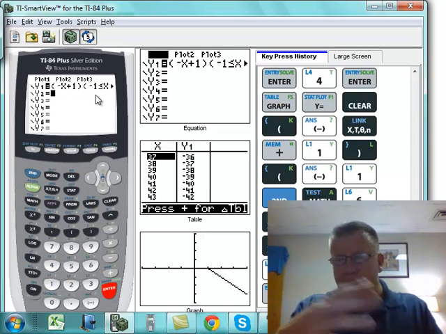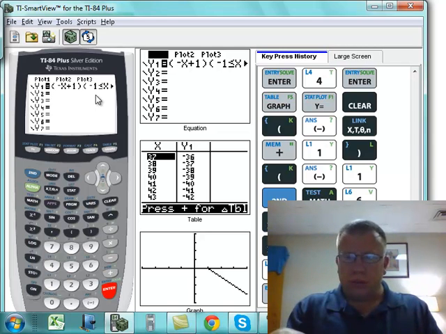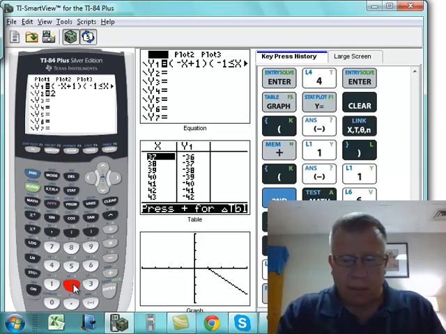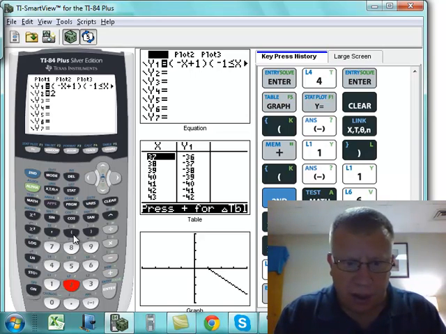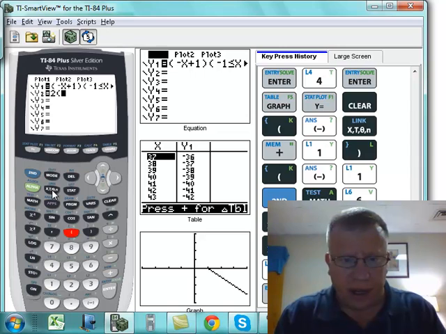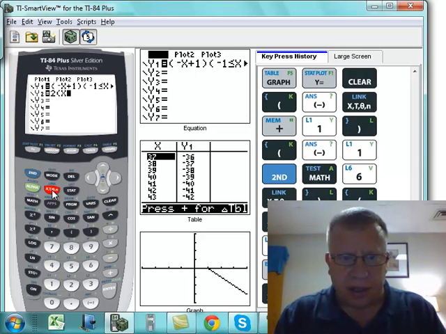But the calculator does not know how to handle a compound or double inequality. Also at y2, the function's value is going to be 2, but when x is equal to 1, right? So how do we put that in? So we'll do the open parentheses like I just did, and select x.